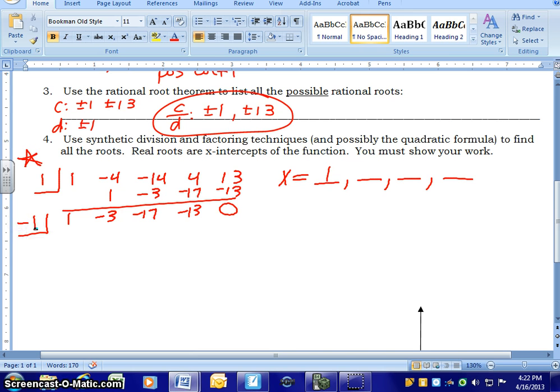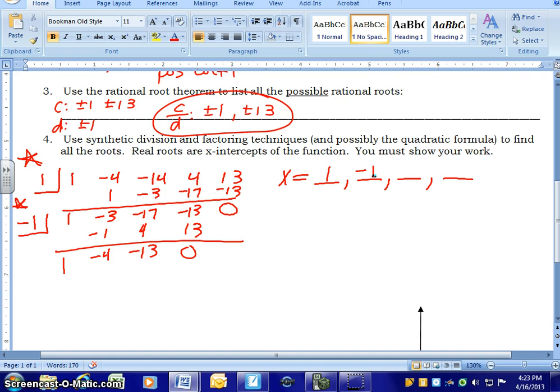I'll go ahead and break down this one if possible; otherwise, I'll just erase it and start over. We have 1, negative 4, 4, negative 13, and 13. It doesn't always work out this nicely, but in this case, we'll take advantage of this moment. 1 and negative 1 are going to be your roots.